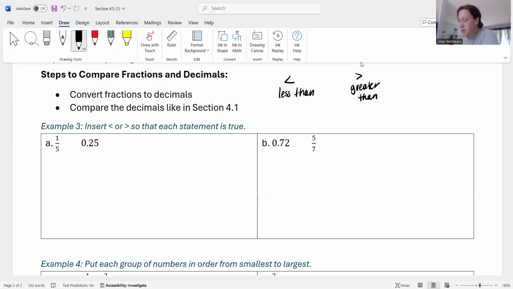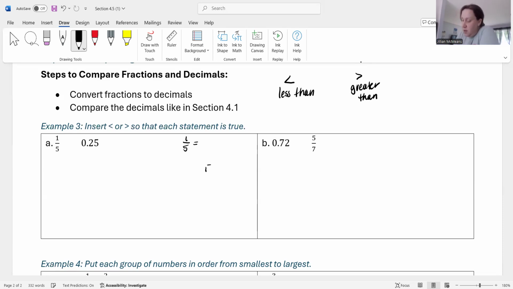Okay, so for example 3, again, we're going to insert less than or greater than so that each statement is true. Now, I have 1/5 compared to 0.25. So it's easier, in my opinion, to convert your fraction to a decimal and compare your decimals because otherwise you would have to convert your decimal to a fraction, get LCDs, equivalent fractions, the whole bit. Okay, so let's look at figuring out what 1/5 is equal to as a decimal.